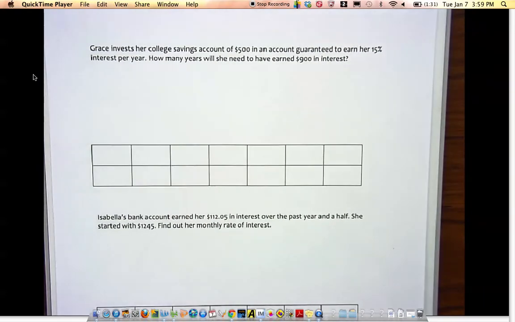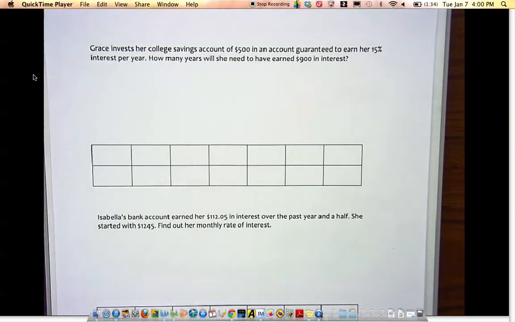All right, Grace is investing her college savings account of $500 into an account that earns her 15% interest per year. How many years will she need if she wants to earn $900 in interest? So this is probably a problem that's really good for, well, actually either strategy.